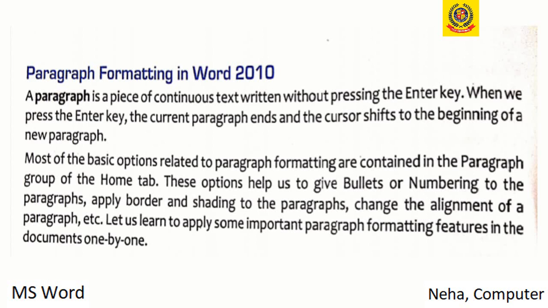For example, bullets or numbering, borders and shading for the paragraph, changing the alignment of the paragraph, and changing the line spacing between the lines of the paragraph. We are going to see this in Microsoft Word.